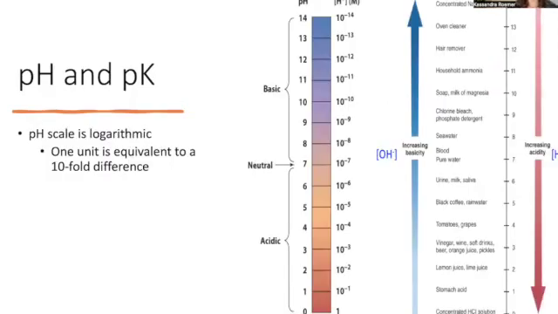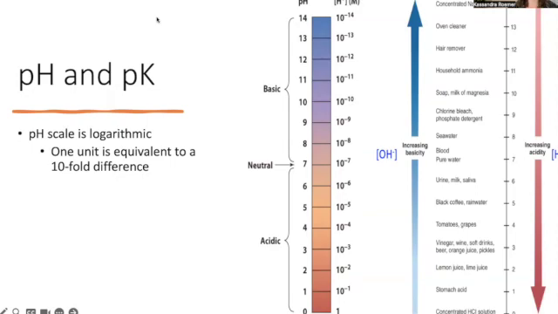I already mentioned pH in the last slide. It is a logarithmic scale and talks about the concentration of protons. So 1 unit, this is important to remember, 1 unit is equivalent to a 10-fold difference. So a change of 1 in pH actually is a change of a 10-fold magnitude in the concentration of protons.